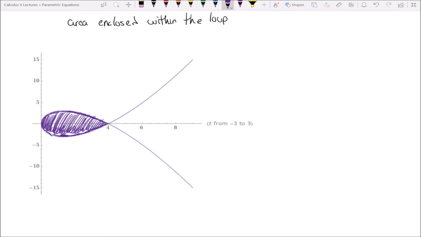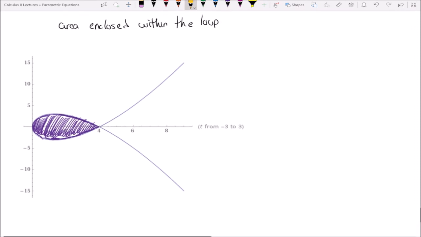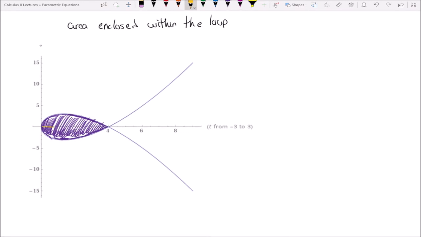But notice that this region is symmetrical about the x-axis. So what we can do instead is find this area and multiply it by 2.